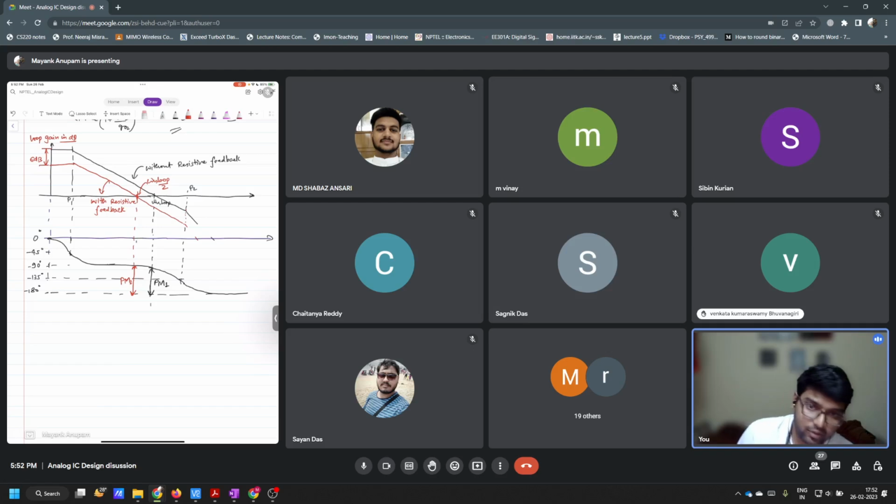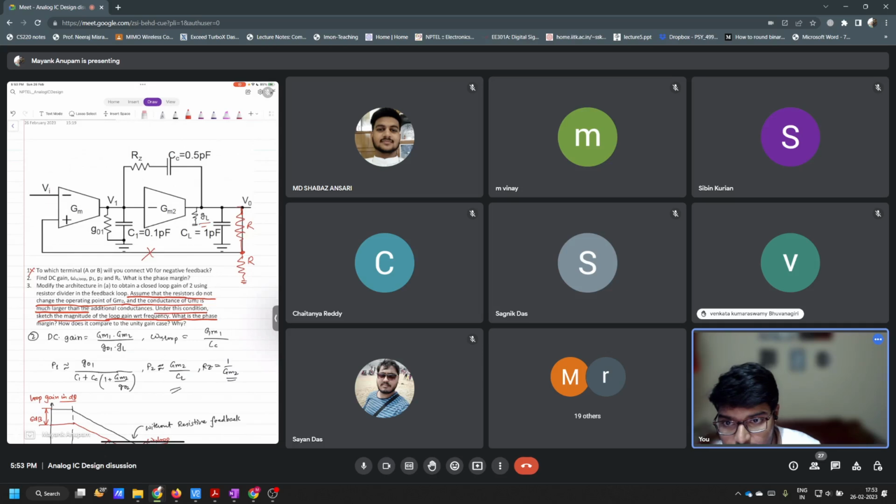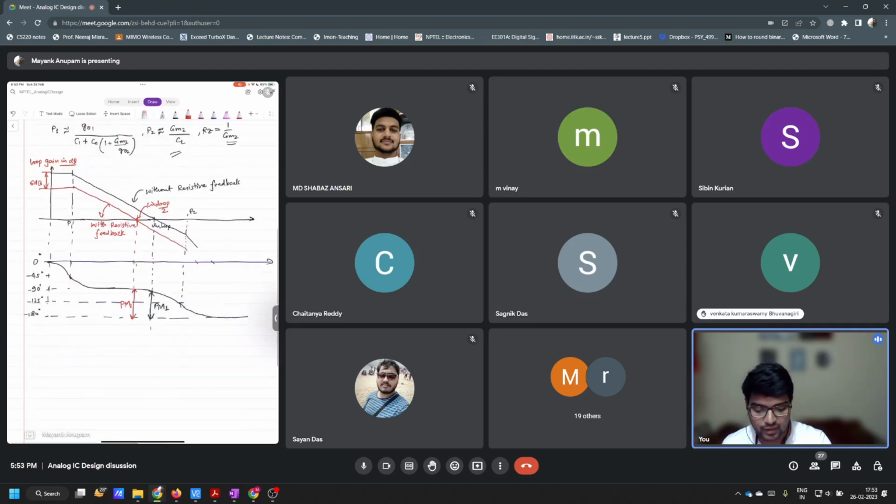Phase margin increased. This is why Professor Nagendra also emphasized in his lecture that for a Miller compensated op amp, which is the case here, the worst case is when you design it for unity gain configuration. That is when it has the highest chances of becoming unstable.